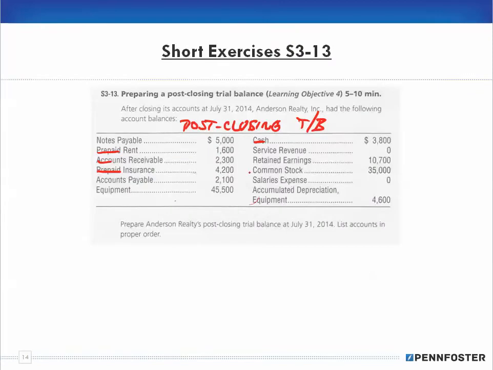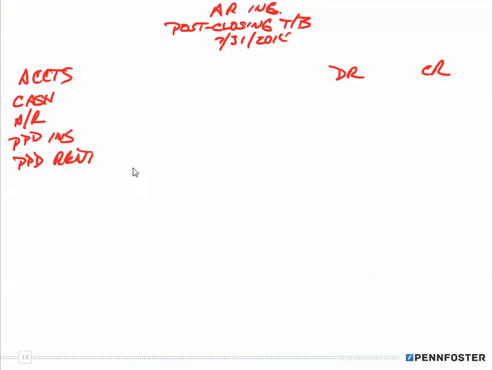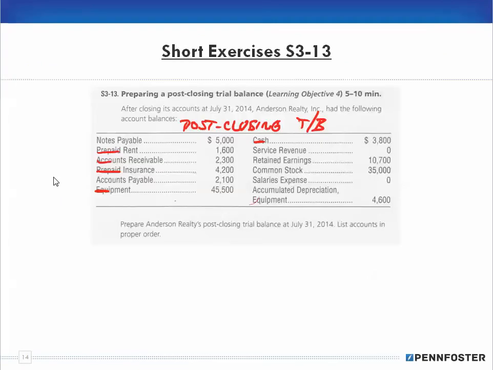After prepaid rent, what other asset accounts do I have? I have an equipment account here, so I put my equipment here, and I'm abbreviating that. Any other asset accounts?